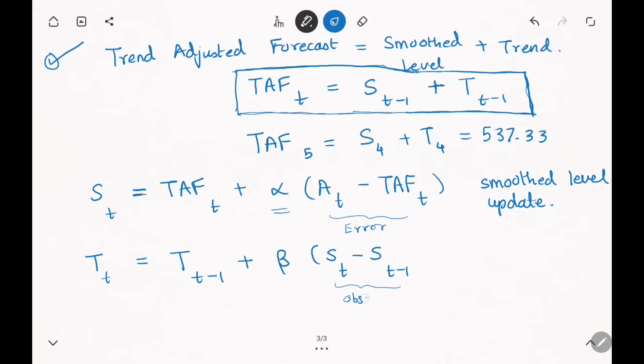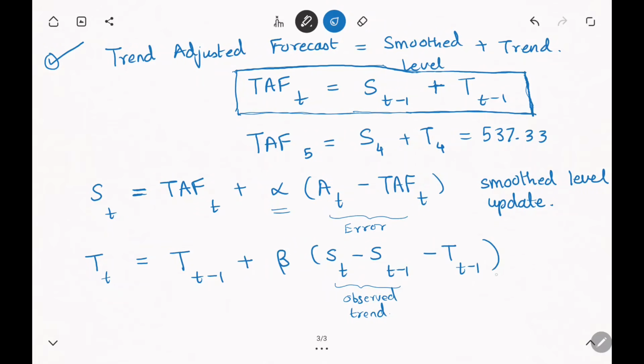And when we calculated the trend earlier, what did 9.33 mean? 9.33 meant that on an average, if we compare 500 and 528, which is after 3 intervals, we can say that every interval sees an increase of 9.33. Similarly, here, T of t minus 1 is the prediction of trend.